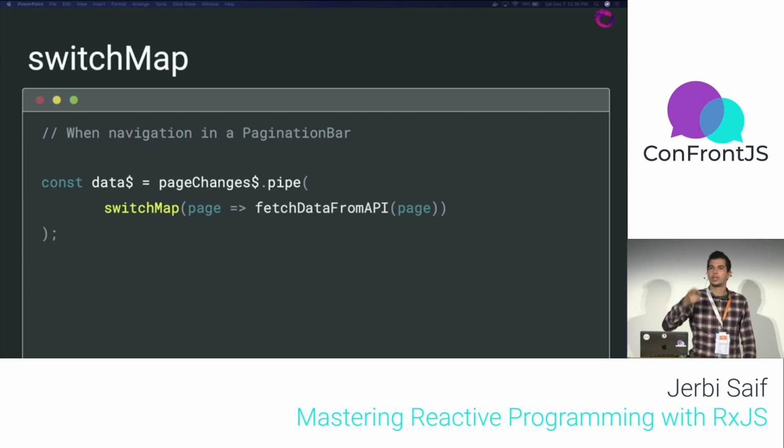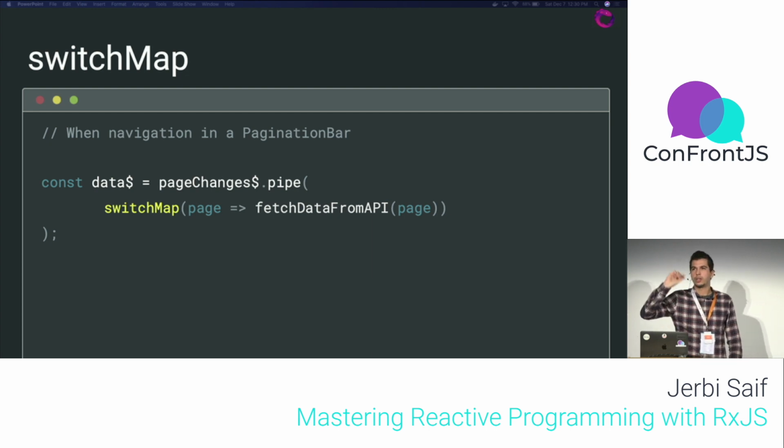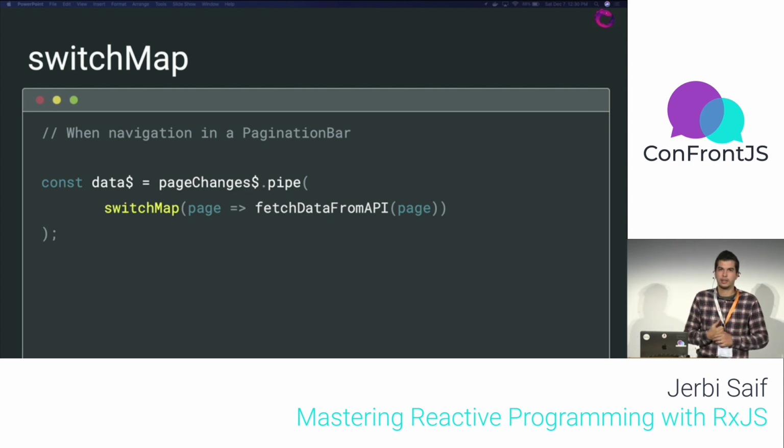So imagine that you are clicking next, and your API is waiting for the first page, but the user wants to go to the fourth page. So switchMap will cancel the previously emitted request and just handle the last one.